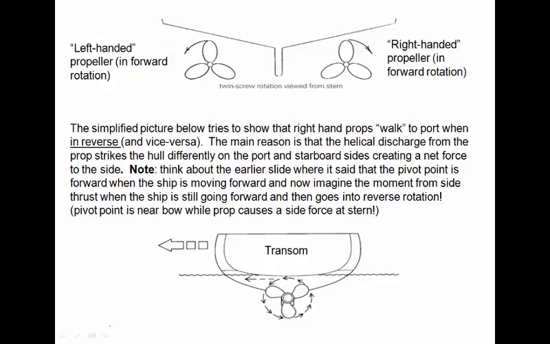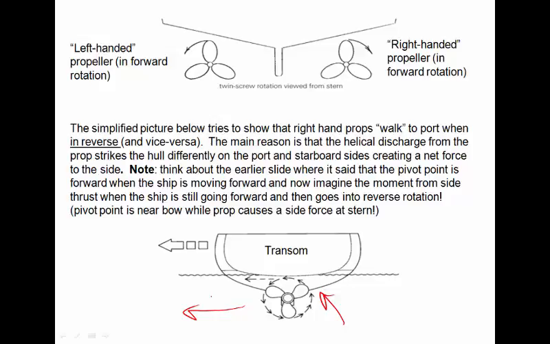Well, if you look below, we can see a single shafted vessel is going to have a little bit of what we call walk. So if I have a right-hand prop and I'm operating in a stern propulsion, I'm going to actually walk my stern to port and vice versa.